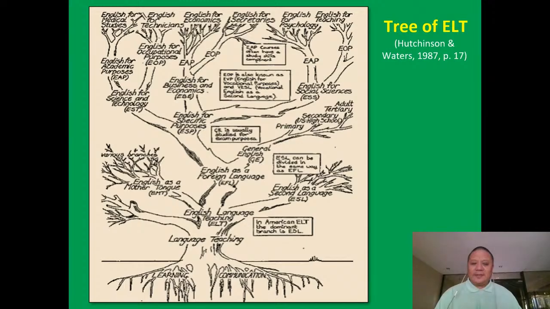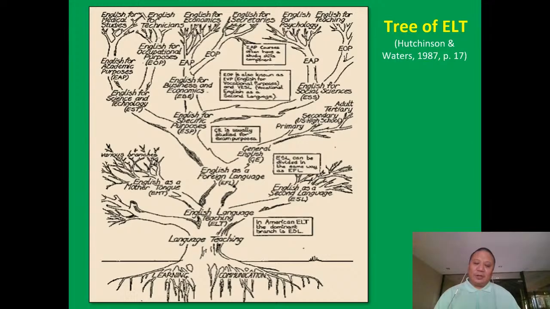So here is an example of the tree of ELT. The basic is the idea of learning communication, and it also leans a lot on language teaching, particularly English language teaching. And the idea is English as a foreign language.